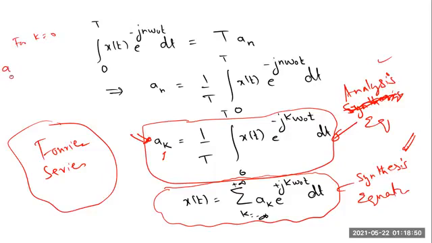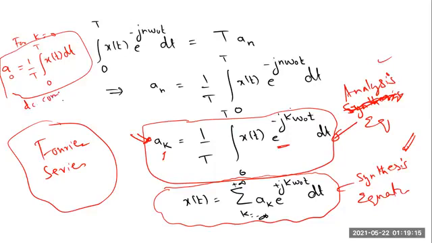You will get a naught, and you get 0 to T, and then you have x of t dt, because this term will become equal to 1. Now, this is the coefficient a naught, but from a signal and system perspective, this is what we call the DC component or constant component of the signal.